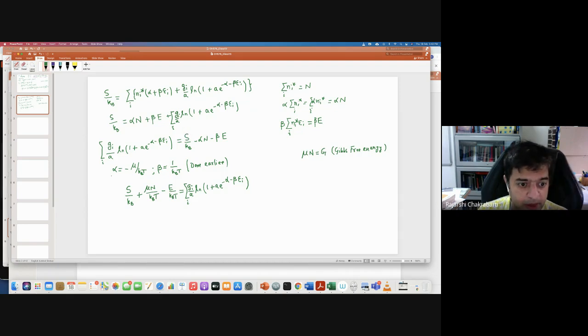Now, I know that if I multiply this with k_B T, what I'm going to get is TS plus mu n minus E equals k_B T by a, sum over i, g_i ln(1 + a).